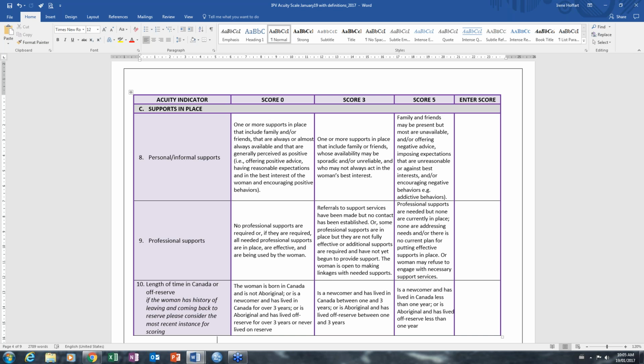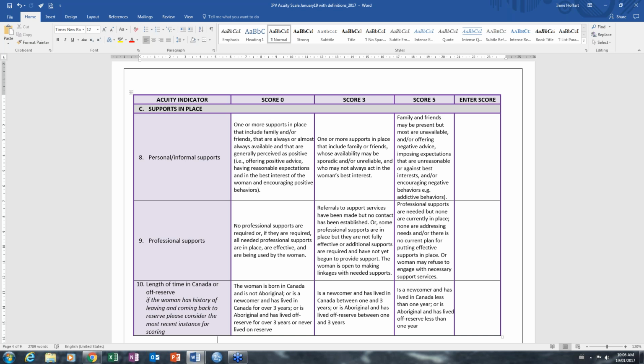Or this woman is Aboriginal, but she has lived off reserve for over 3 years since the last time she left, or she has never lived on reserve. So that's a lot of qualifications, but the main thing we're trying to get at is how long someone has been away from the place where they had a really strong support network and living in a different culture. That's essentially what we're doing.